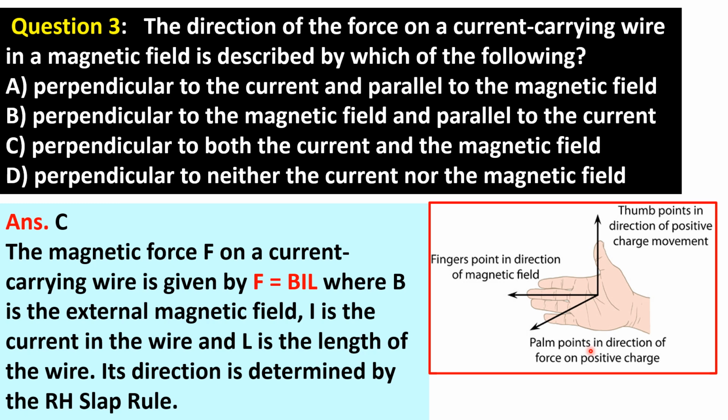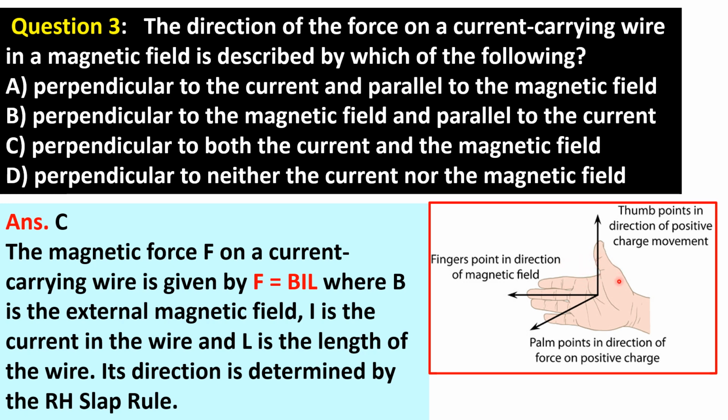I have my own way of describing it, so I'm calling it the right hand slap rule. This is how it goes. You open your right hand such that your thumb makes an angle of 90 degrees with your other four fingers.